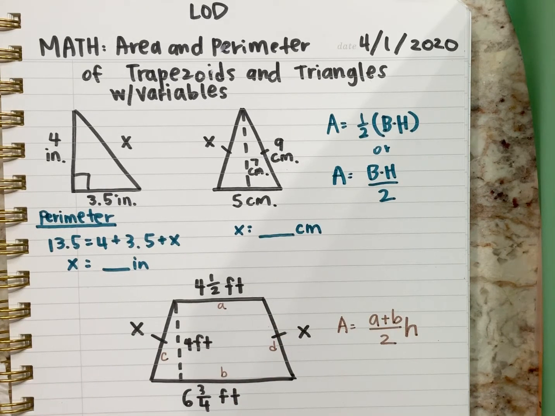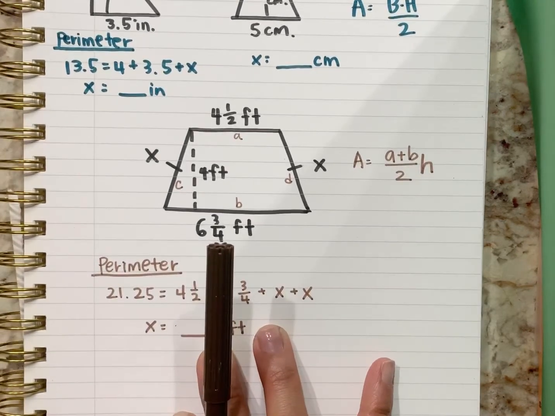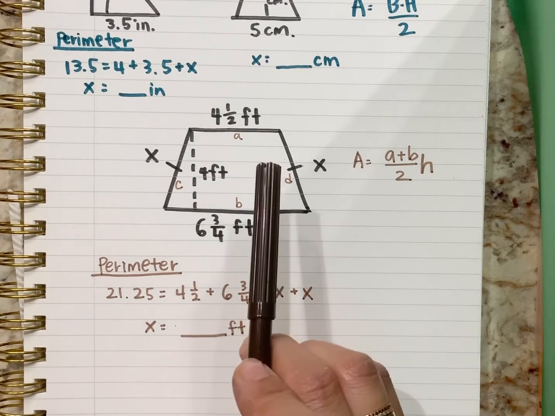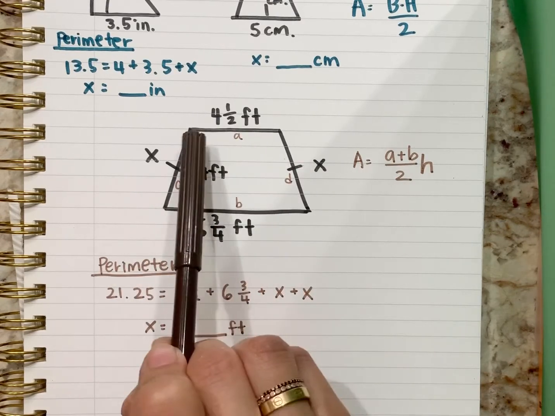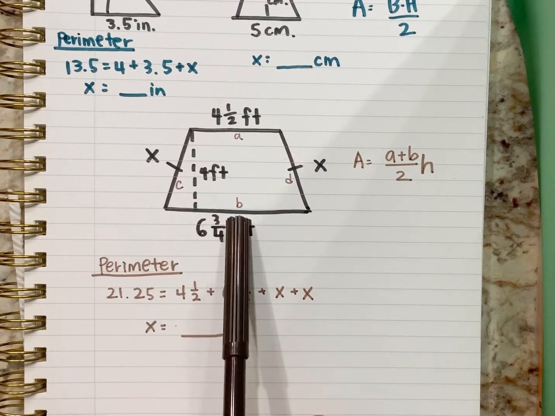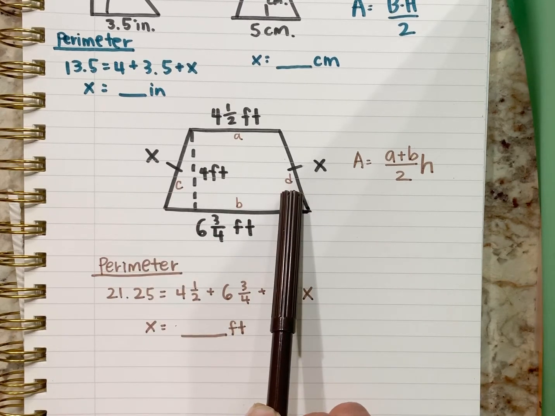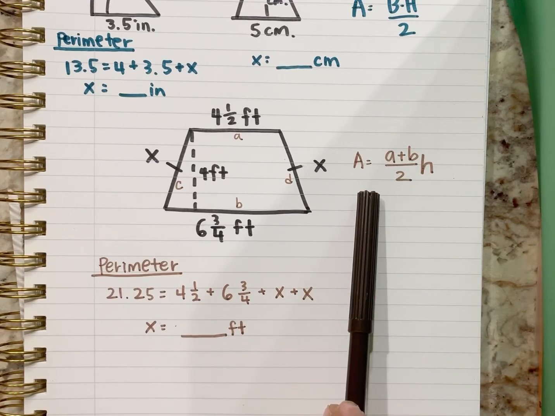All right, the second thing we're going to look at is the area and perimeter of a trapezoid. Now, I've labeled each one of these sides. So the top is A, the bottom is B, left is C, and right is D. And here I'm going to give you the formula for the area of a trapezoid.